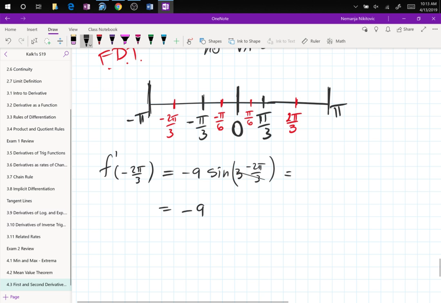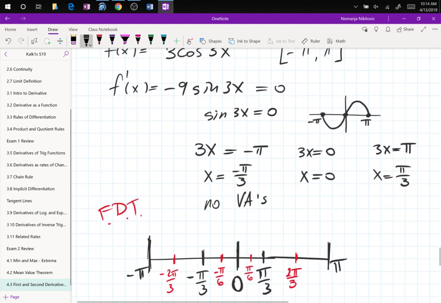Uh-oh. Somehow I missed these solutions. How did I miss these solutions? Guys, do you see that I'm getting sine of negative 2 pi, that the negative goes out and kills the negative? Sine of 2 pi is 0, which means it's another critical point.